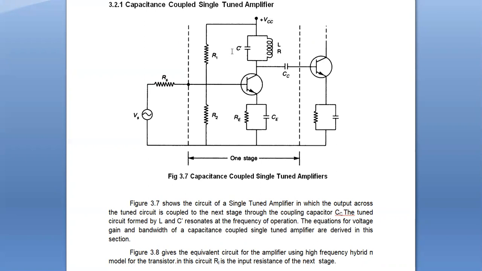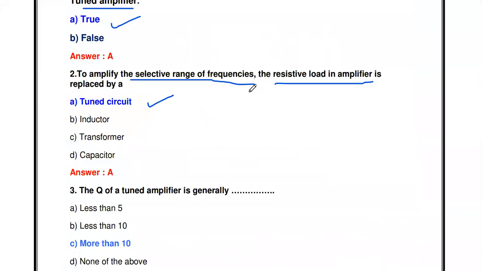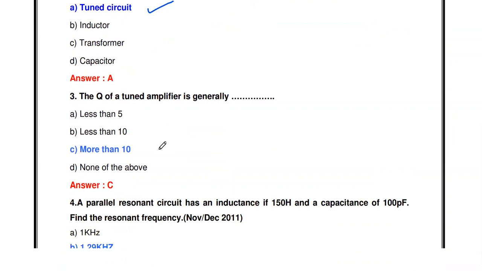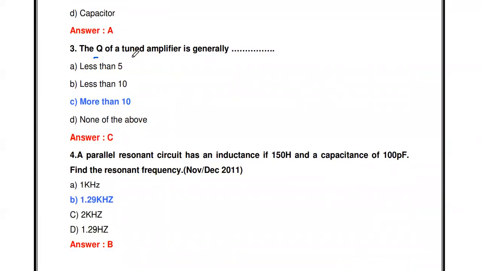This is the inductor, this is the capacitor. So the resistance in the amplifier is replaced by a tuned circuit or LC tank circuit.